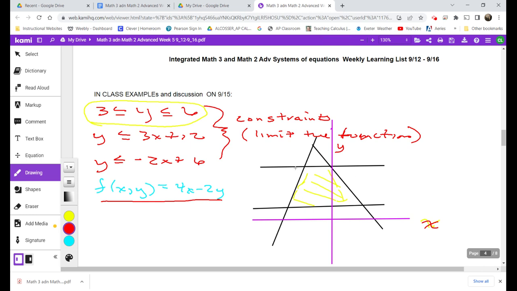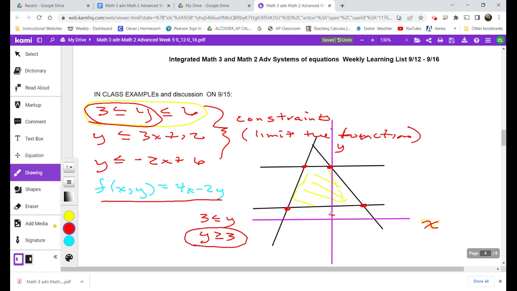This is my constraints, and we're looking at these values here. Now, this line right here is this half right there. If I look at this halfway, I get 3 is less than or equal to y, or y is greater than 3. So this is a straight line at 3.